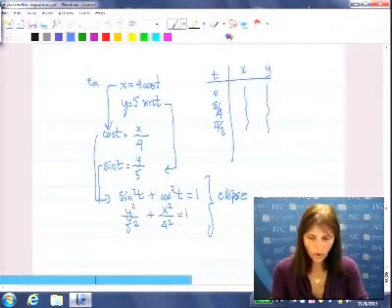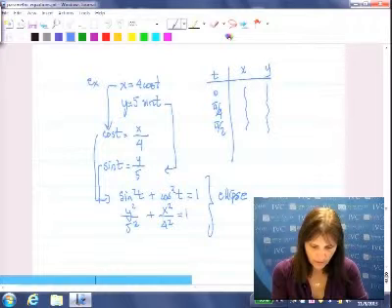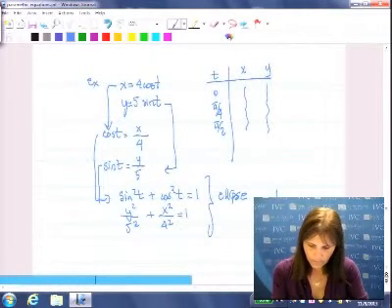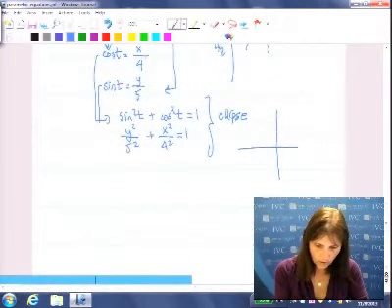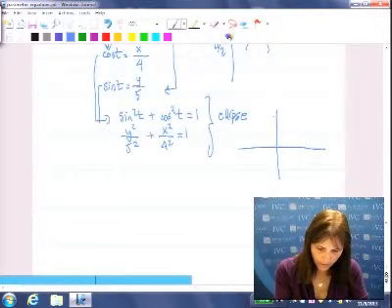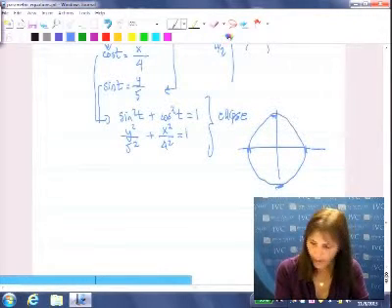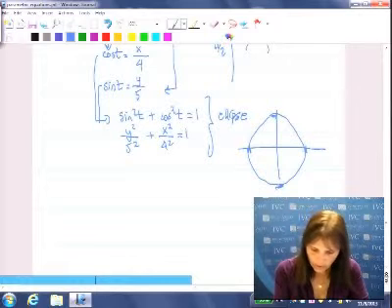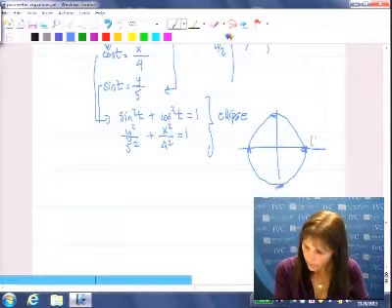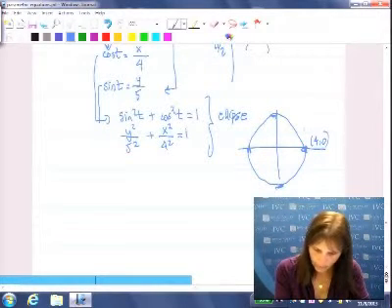Okay, so we just talked about this being an ellipse. So let's draw my ellipse. It is 5 that way and 4 this way. And when t equals 0, it was x equals 4. That was when t is 0.